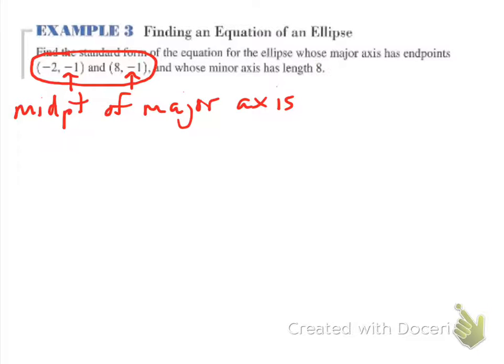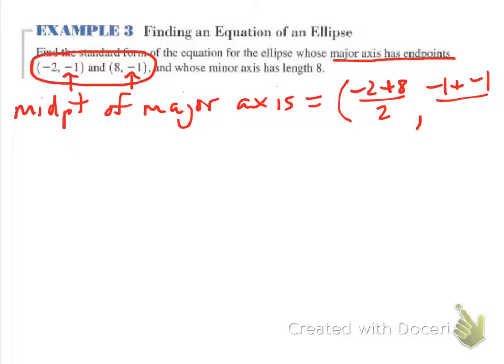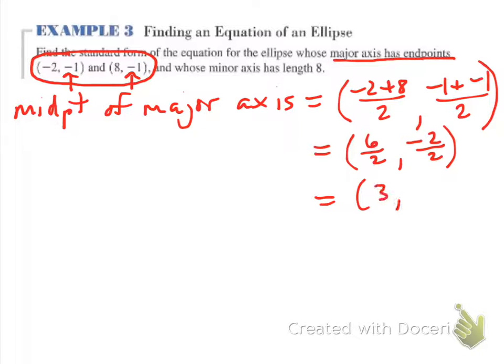The major axis had those endpoints. So, -2 plus 8 divided by 2. We're doing the midpoint formula for those not listening. So I get 6 over 2, -2 over 2. So I get 3, -1.